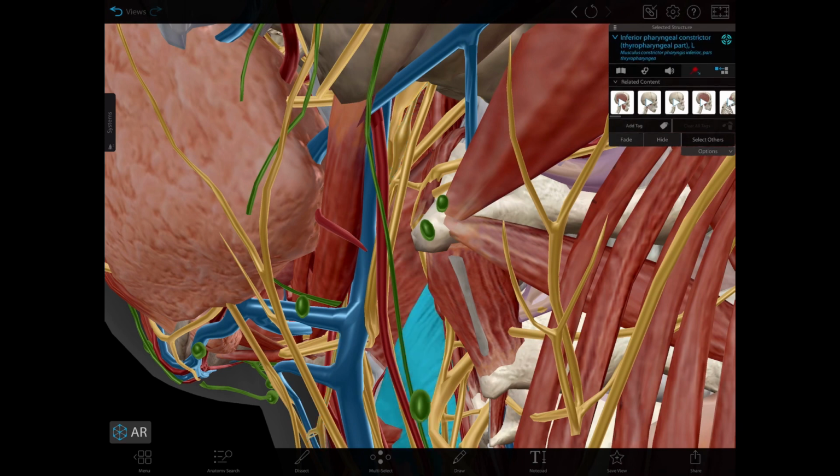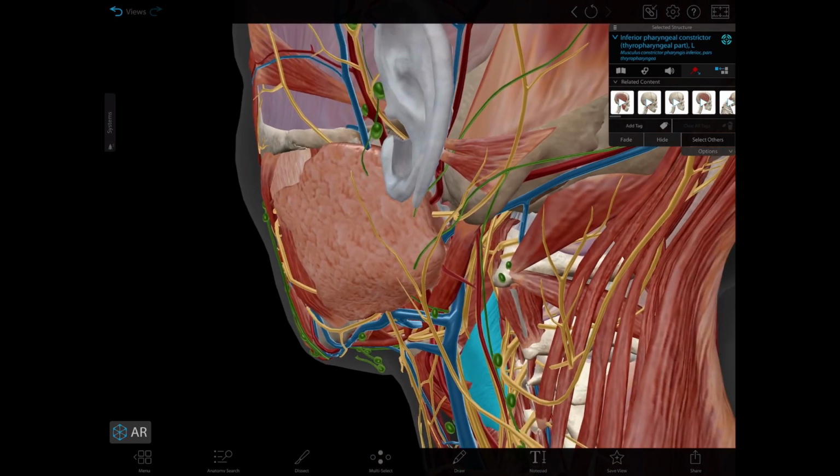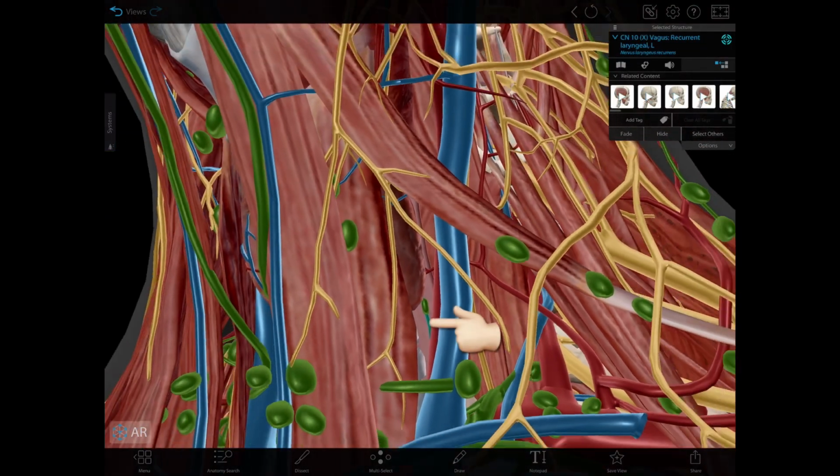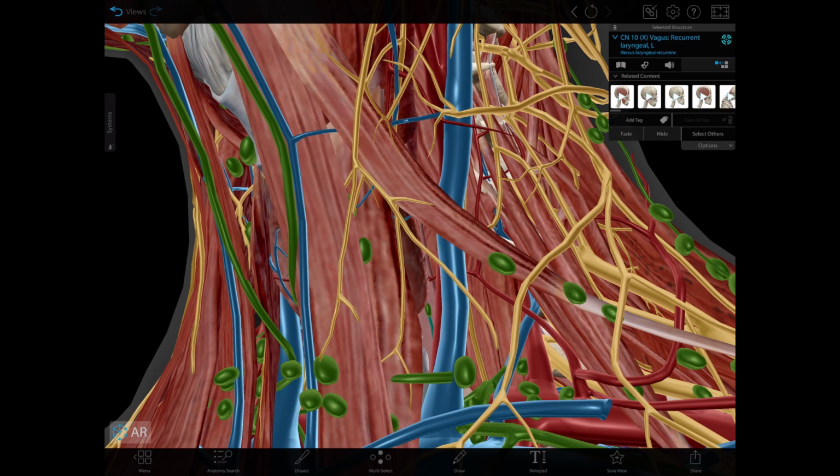Here's the inferior constrictor and the middle, such as the internal laryngeal nerve and the superior laryngeal vessels. The structures passing through the gap below the inferior constrictor are going to include the recurrent laryngeal nerve and the inferior laryngeal vessels. Here is the recurrent laryngeal nerve.